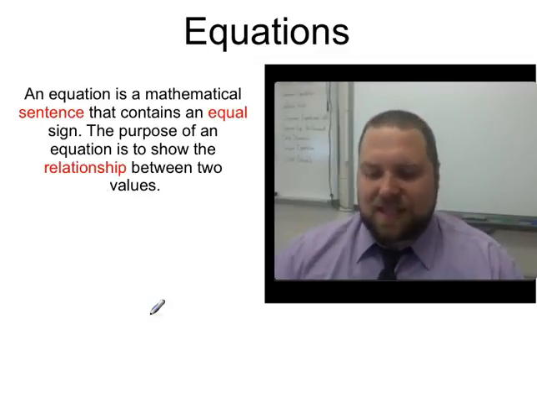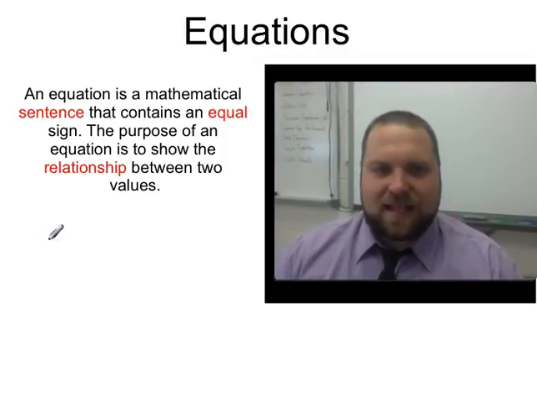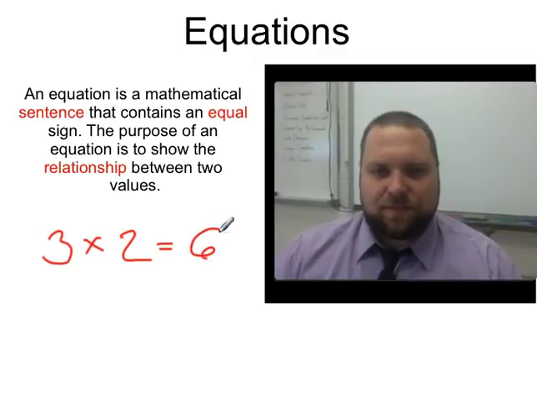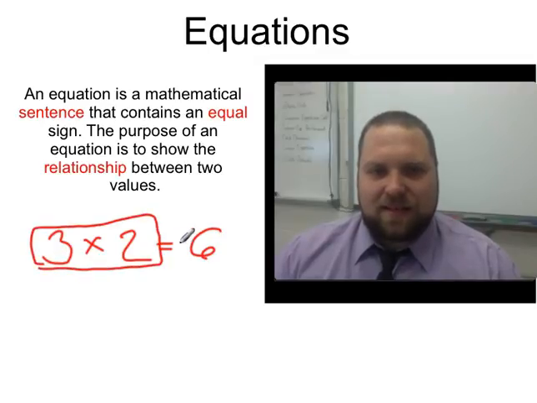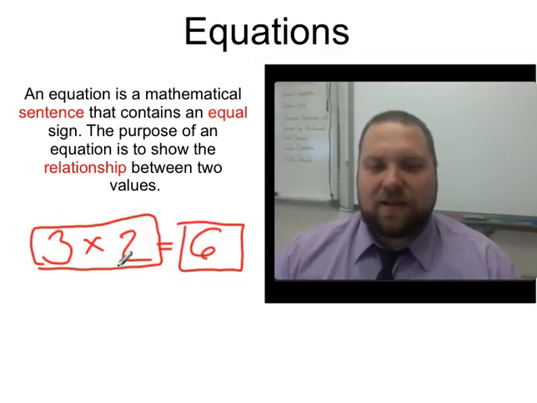So to give you an example of that, I could say 3 times 2 is equal to 6. So what that shows us is that this value right here and this value right here, there is a relationship between those. They are equal. They are exactly the same.